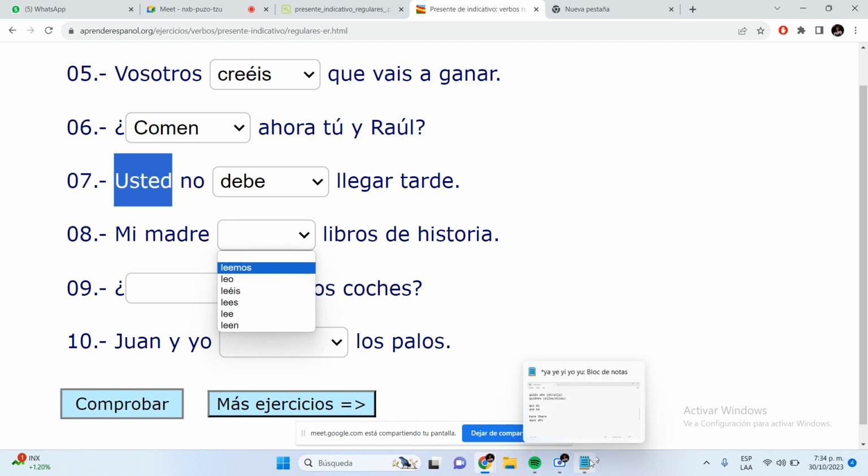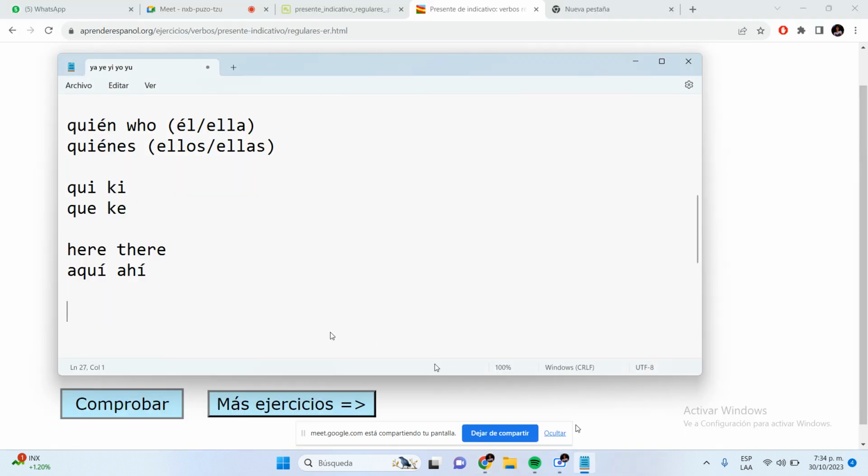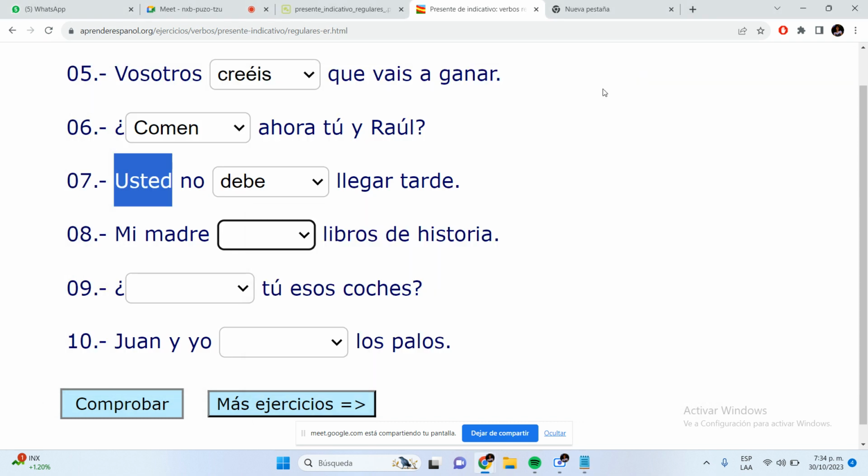And the verb, if you want to see, it's leer. Lees is for tú, because it ends in s. And mi madre is ella. Lee, lees, leéis. No, this one is for vosotros.